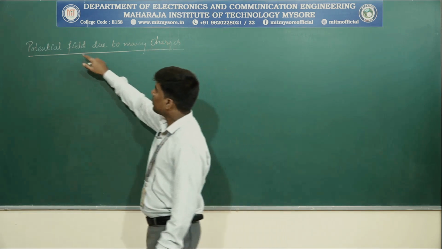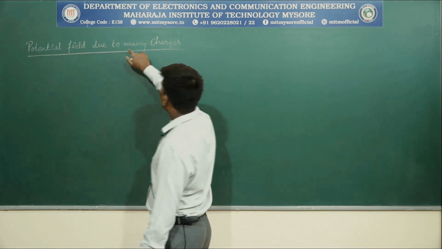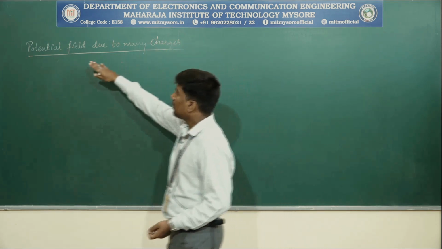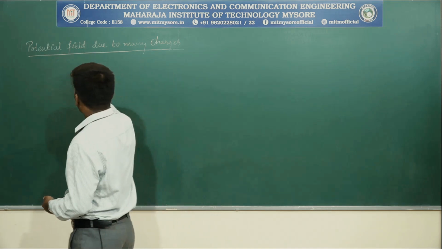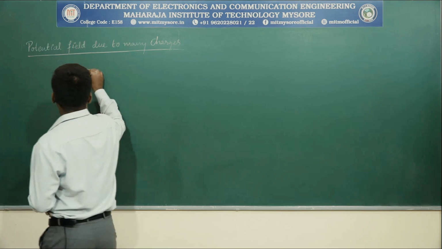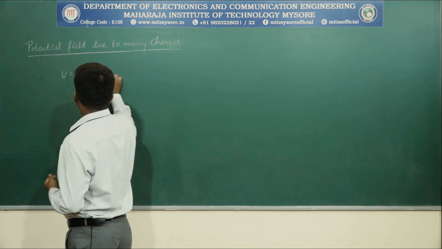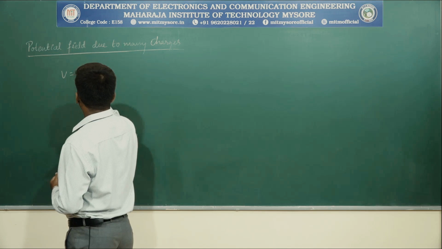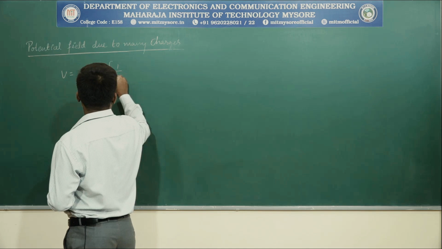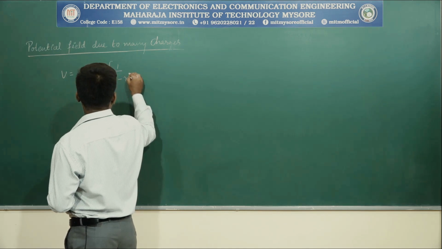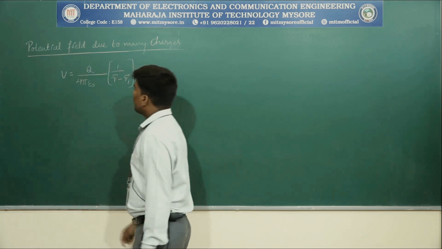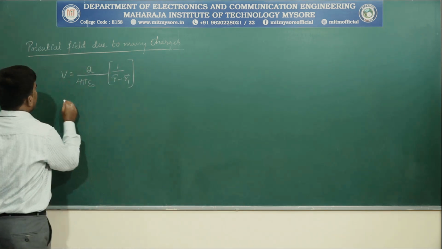Now what happens to this potential field equation due to many charges? When many point charges are present, what happens to the given equation? Let me write that. What is the equation for V? V is equal to Q divided by 4 pi epsilon naught into 1 divided by R minus R1, right? This is what we have written. Now what happens to this equation?